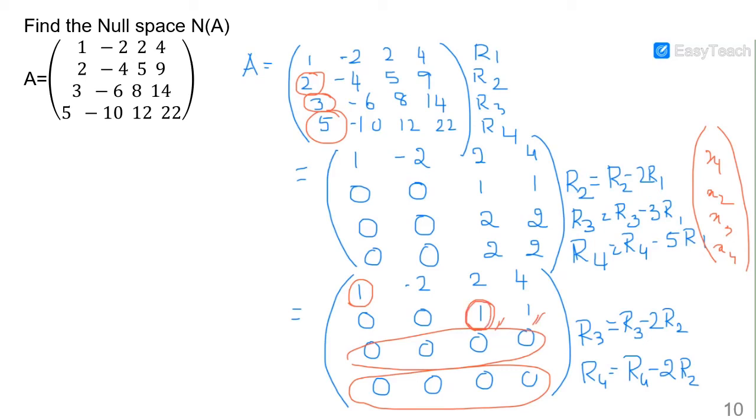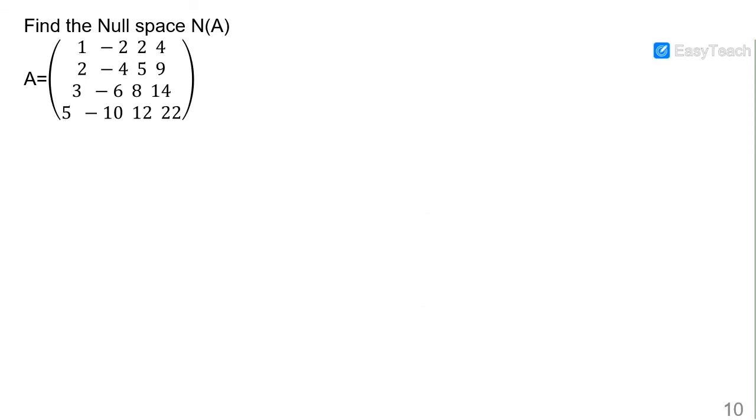Here, corresponding to this pivotal element, I have the variable x1. Corresponding to this, I have the variable x3. So I can write here rank of the matrix is equal to 2.